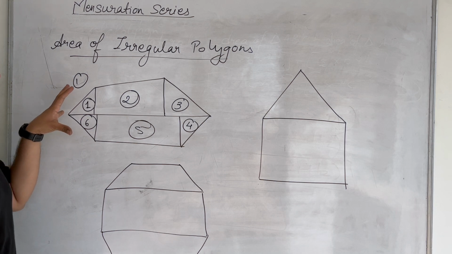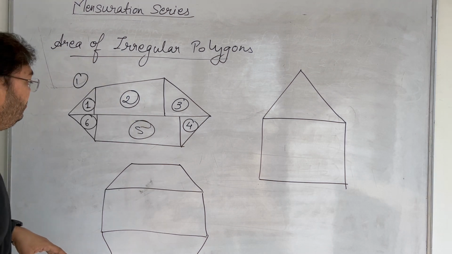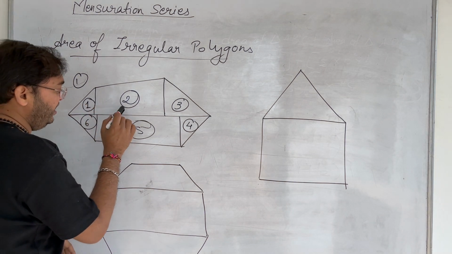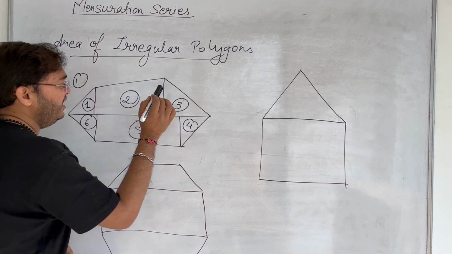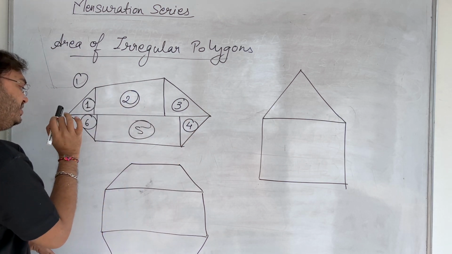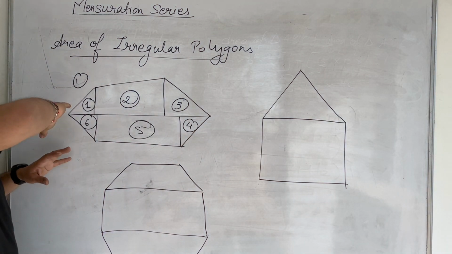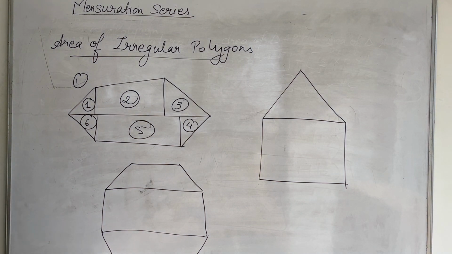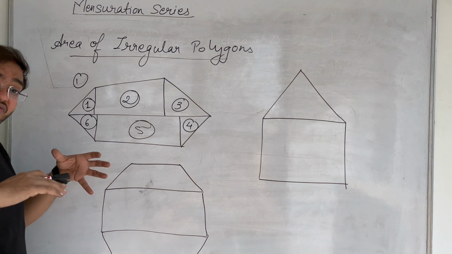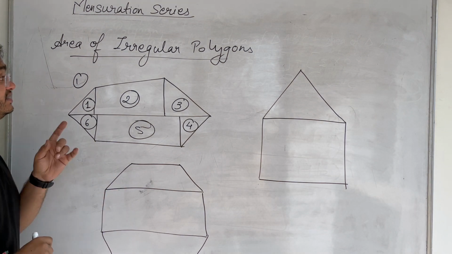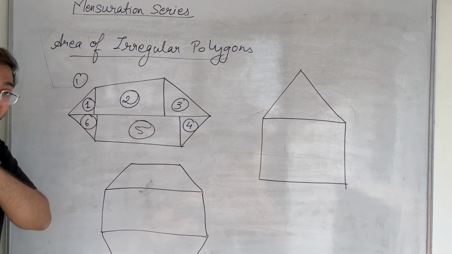When we find the area of an irregular polygon, we first find the area of triangle 1, area of trapezium, area of triangle 3, area of triangle 4, area of rectangle, plus area of triangle 6. Once you find the individual areas of all these shapes, at the last you add the areas of all 6 shapes, and the answer you get is the area of your irregular polygon.